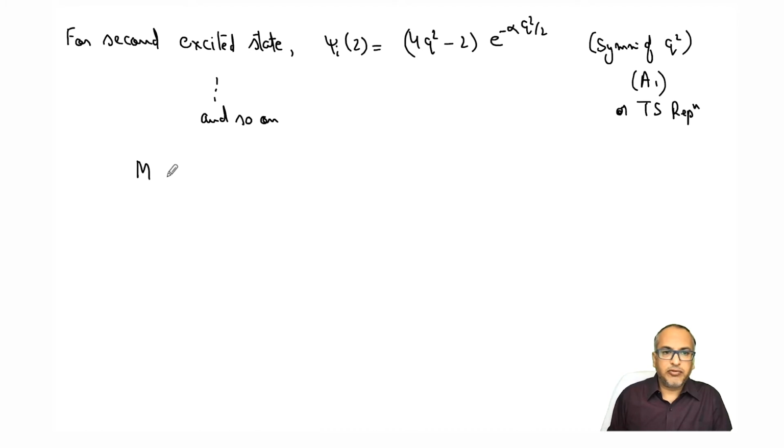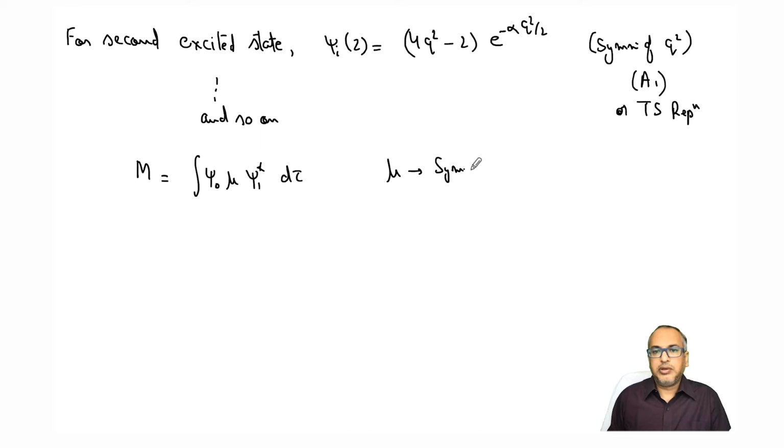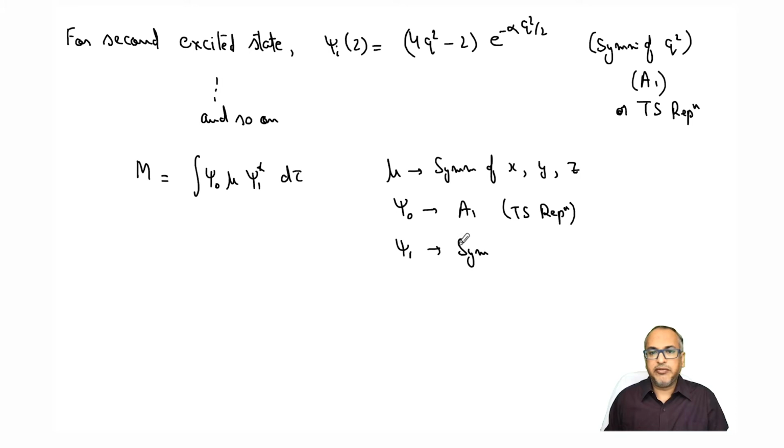Our integral is of the form psi 0 mu psi 1 star d tau. Now mu has the symmetry of x, y, z. Psi 0 is A1, or totally symmetric representation, and psi 1, if it is the first excited state, has the symmetry of the normal mode.